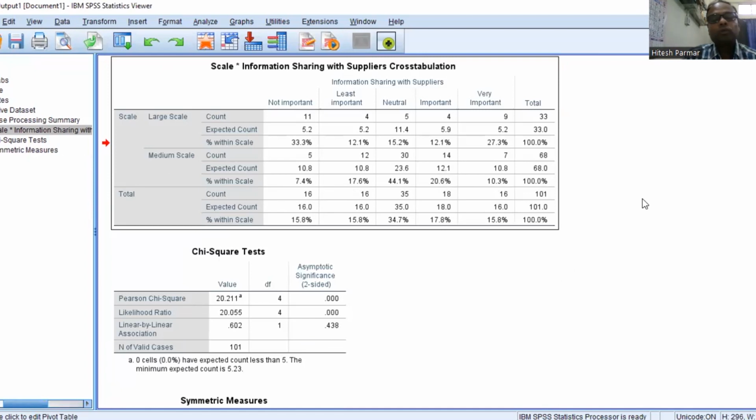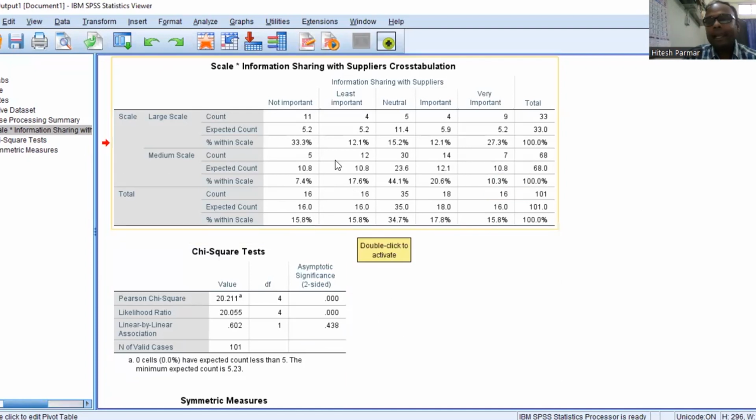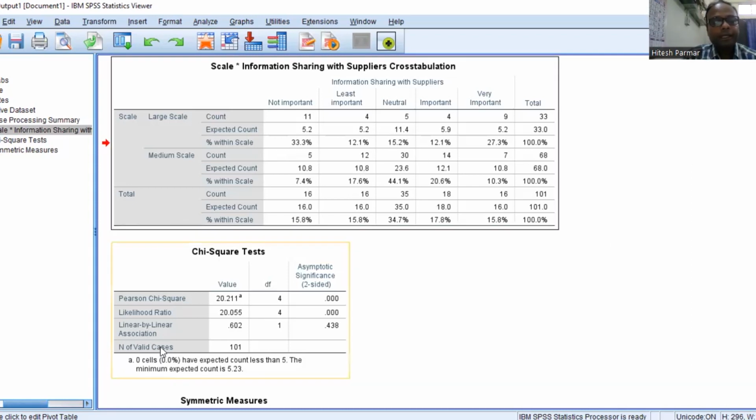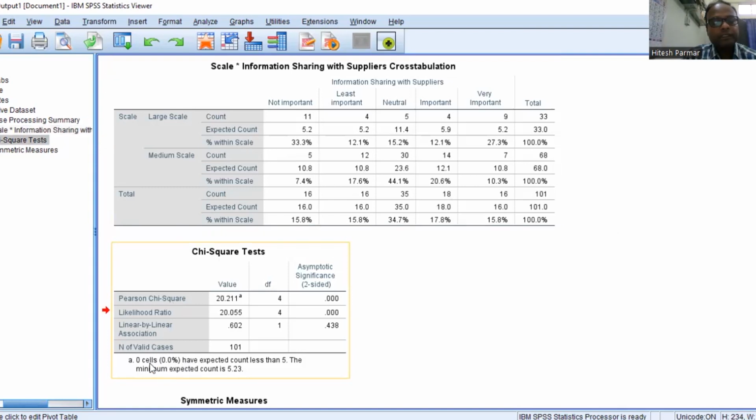First of all, always check your assumption regarding the expected count: it must not be less than 5. Here we see 0 cells, 0%, have expected count less than 5. It must be 0.